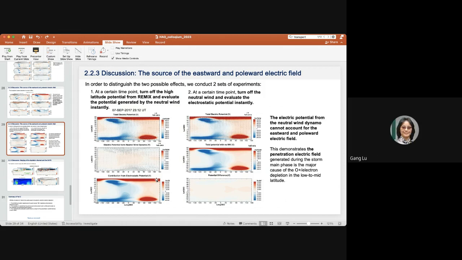That's right, but for the penetration field the usual dynamo is trivial, as Shasha has already shown here, so that's not a surprise. But it would be interesting to see, even though it's going down to only 30 or 20 degrees, how the numerically produced penetration field compares with your physically produced penetration field.